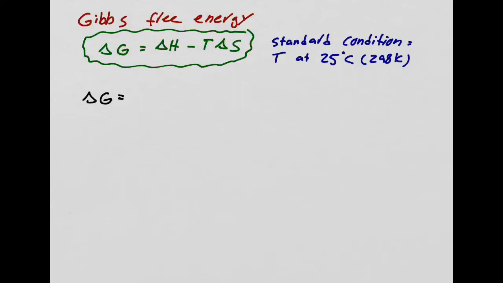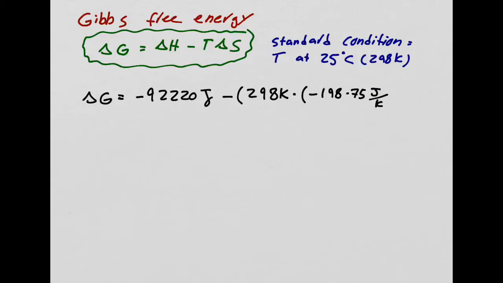So my delta H is going to be minus 92220 joules minus, now every time we have a standard condition, and usually it is, the T is 298 Kelvin times my S, which was minus 198.75 joules per Kelvin.